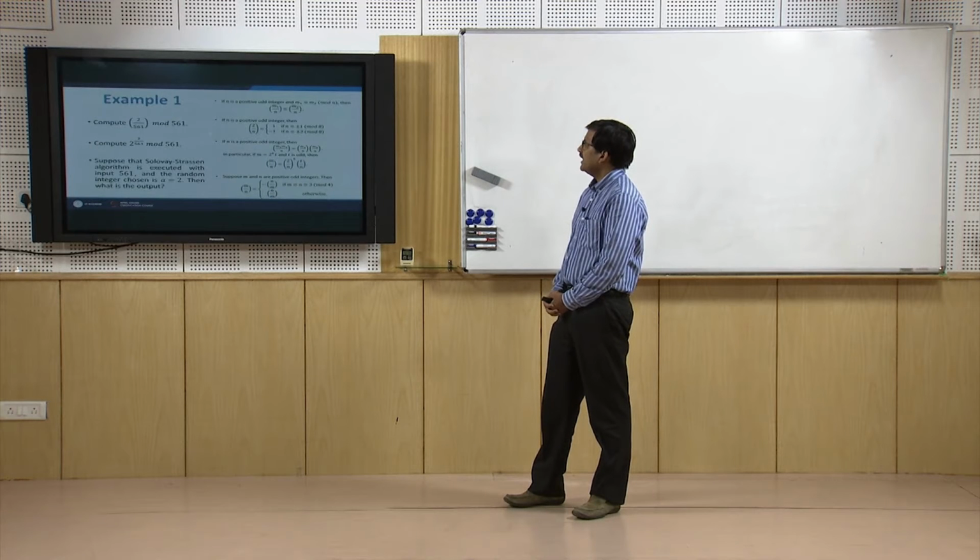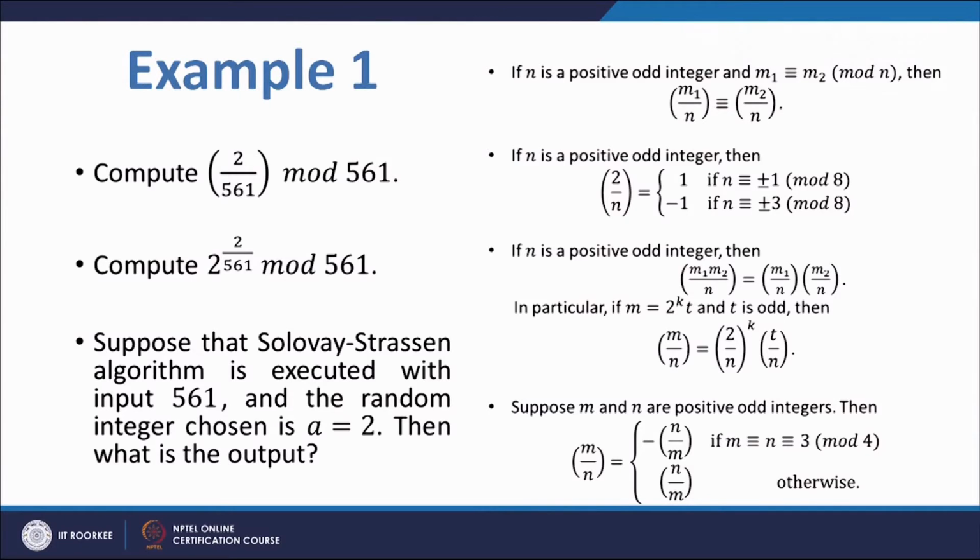Now, suppose that the Solovay-Strassen algorithm is executed with input 561 and the random integer chosen is a equal to 2, then what is the output? Okay.